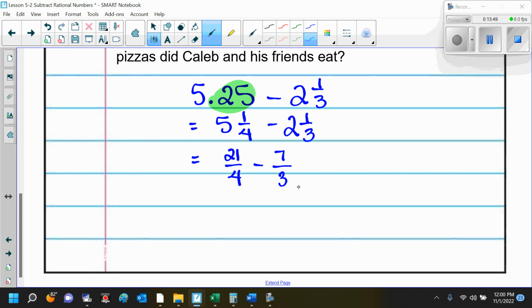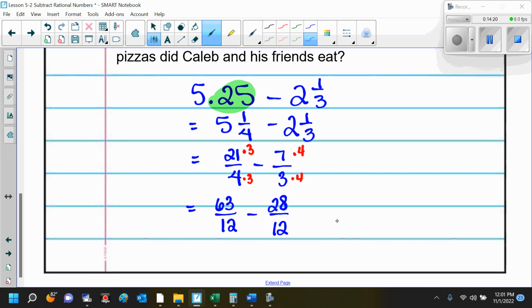Common denominator with 4 and 3 is 12. Very good. So we're going to show what we're multiplying. And we're going to show over here what we're multiplying. Okay? So my first fraction is what? 63/12. Very good. Minus, what's my second fraction? 28/12. Very good.